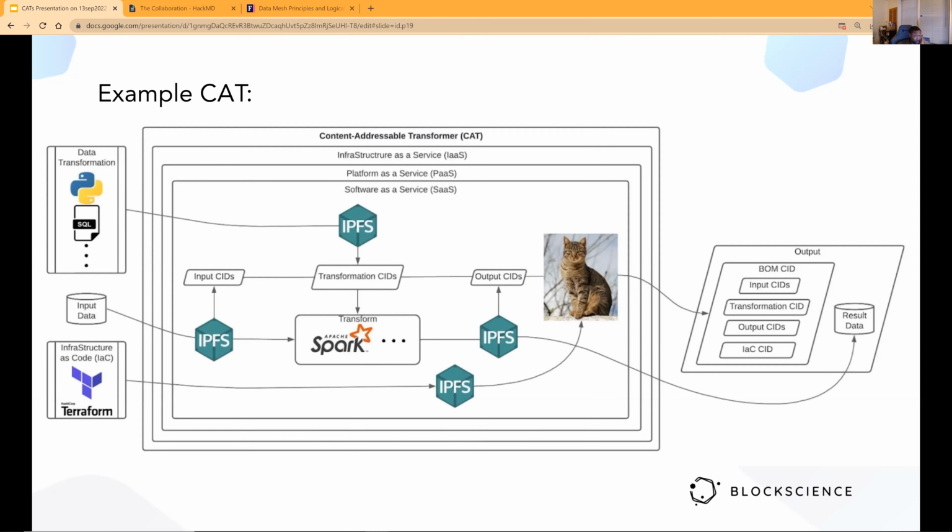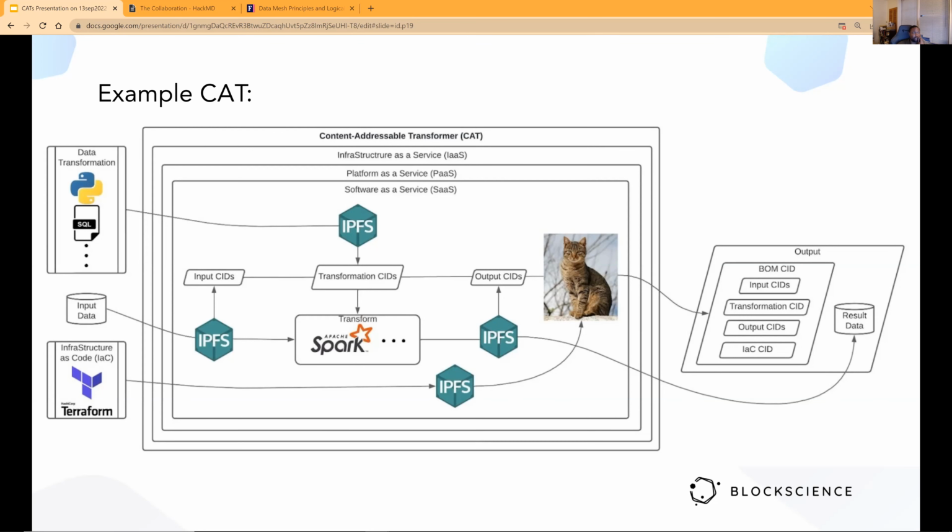The input is everything on the left-hand side. It's the data itself, obviously, the transformation itself, and the infrastructure as code. The CIDs are generated by the CAT, by IPFS clients on the worker nodes of a software as a service.